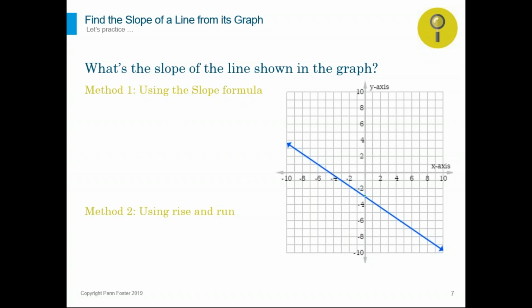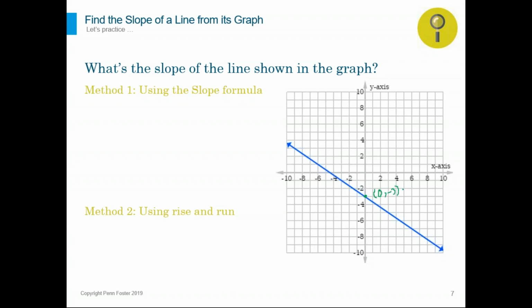The y-intercept point is the point where the line intersects with the y-axis. So the line intersects with the y-axis at this point. I'm going to use it just because the number 0 would be one of the coordinates in that point. The number 0 is easy to work with. So the coordinate of this point is (0, -3).